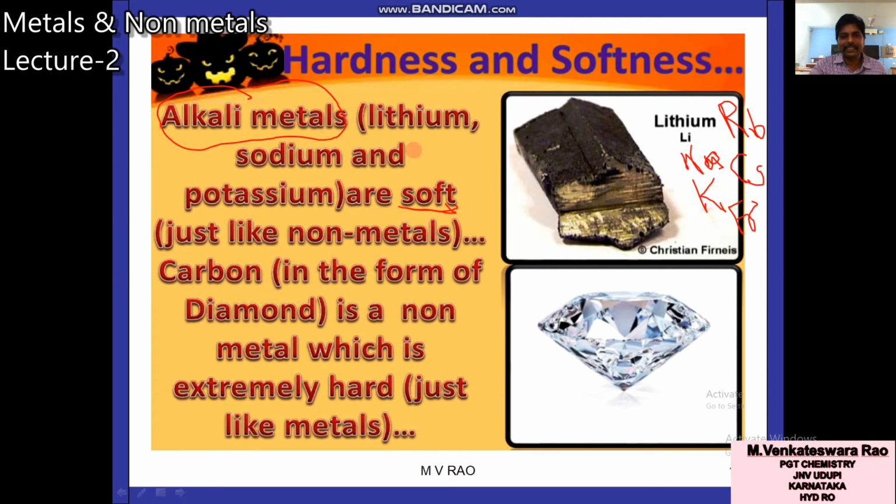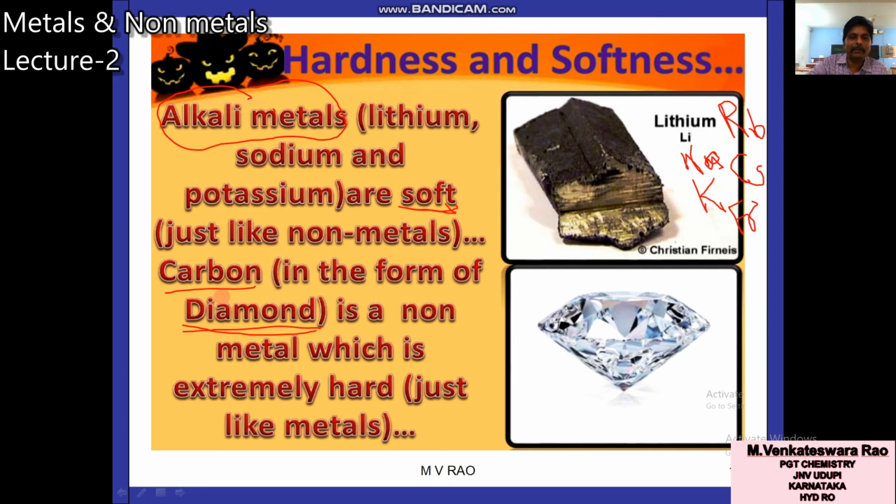What you discussed in the case of non-metals: non-metals are soft. But you see here, carbon is a non-metal, but in the form of diamond, which is one of the allotropes of carbon. Carbon is available in the form of diamond, graphite, charcoal. All these are different physical forms of carbon.